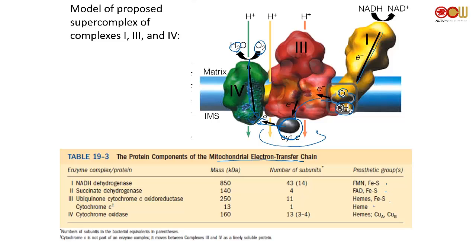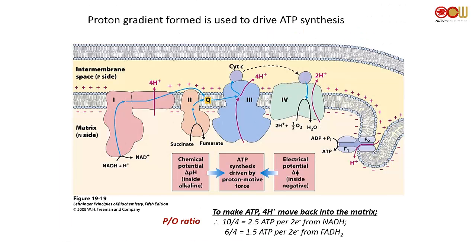So the mitochondrial electron transport chain is composed of these enzymes, and their prosthetic groups are listed here. Cytochrome C is not an enzyme, it's just a protein that carries the electron. Now, proton gradient. So now you created this thing called a proton gradient, a separation of protons.